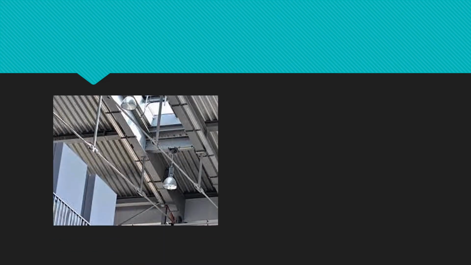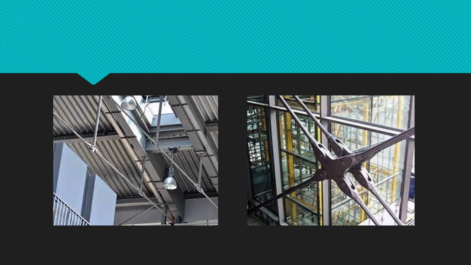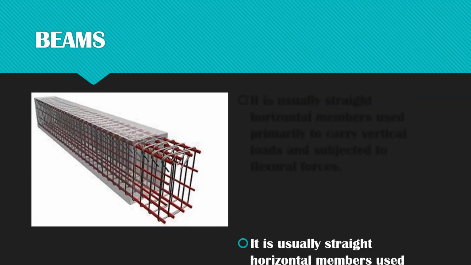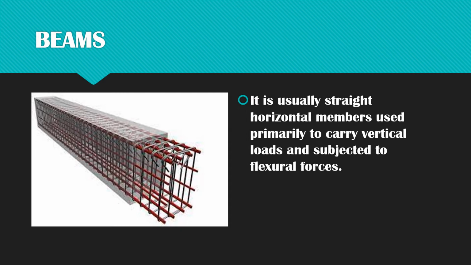So here are some examples of tie rods. Next is beams. Beams are usually straight horizontal members used primarily to carry vertical loads and subjected to flexural forces. So we are very familiar with this.